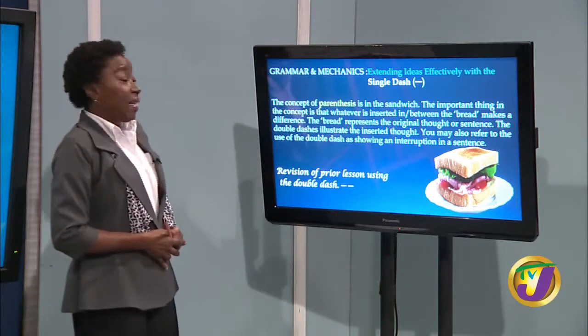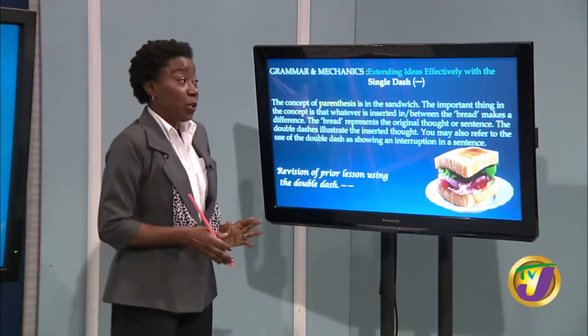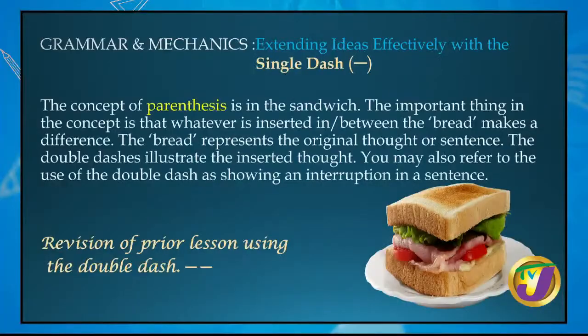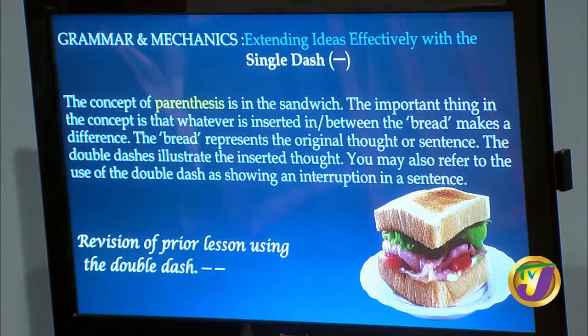The important thing is that whatever is inserted between the bread, and bread there is connotative, it could mean bun, biscuit, two crackers, anything that forms the base, we call it the bread. The bread represents the original thought or sentence. The double dashes illustrate the inserted thought.